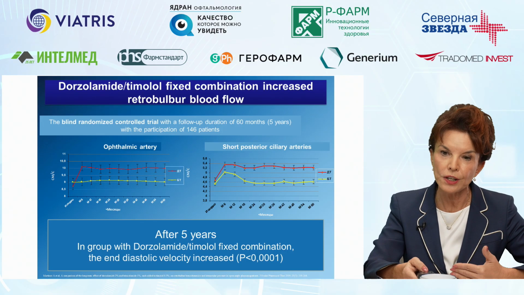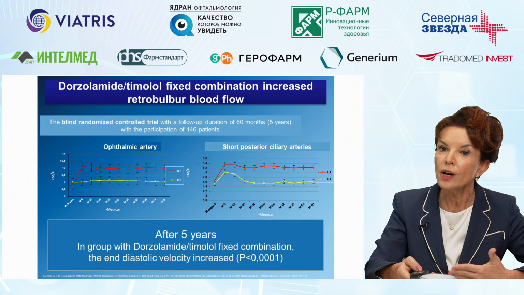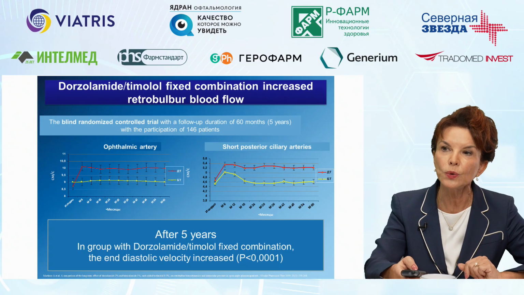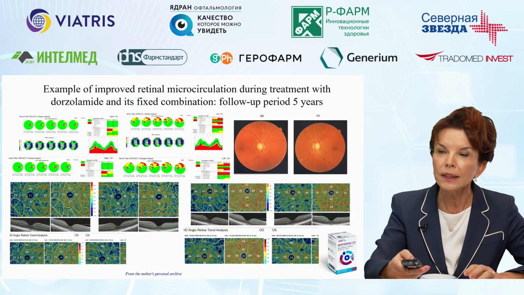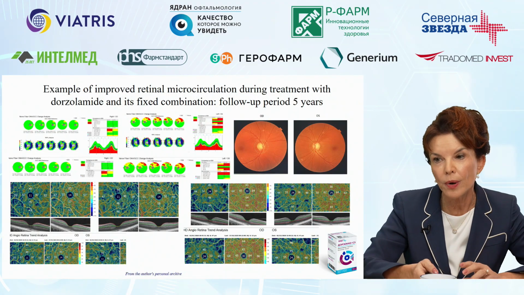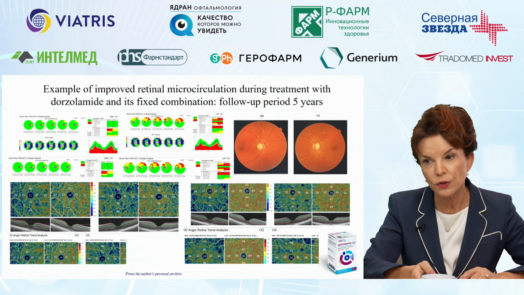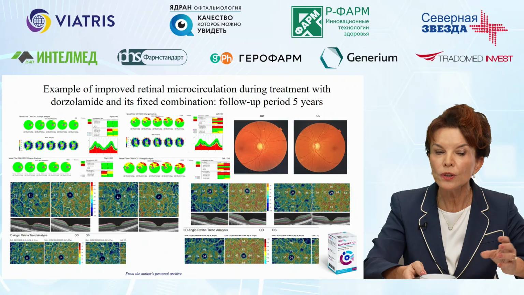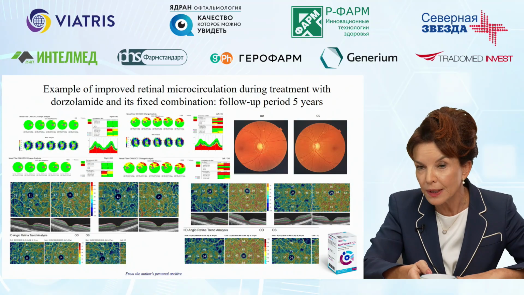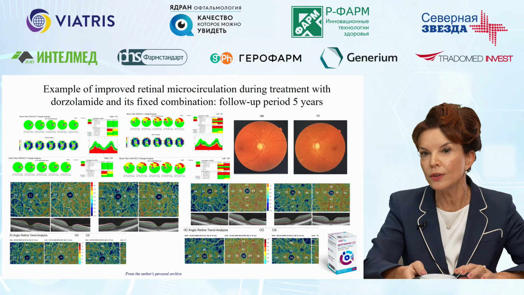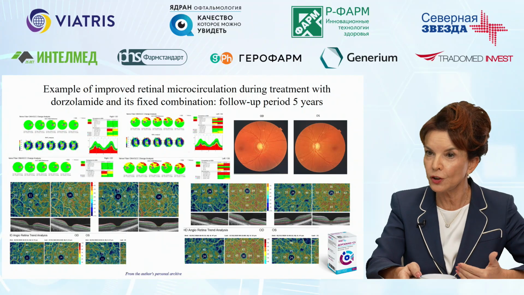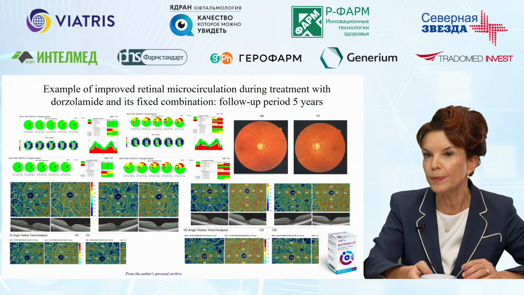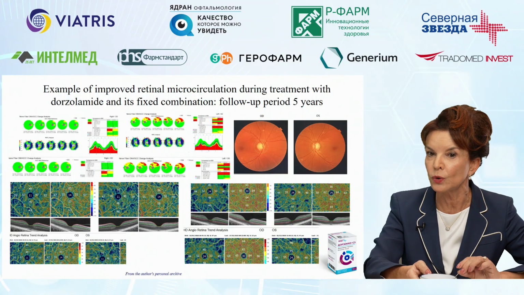of dorzolamide with timolol. And in this case, there will be the improvement of the retrobulbar blood flow, as was shown. And again, you can see it here, especially when we're talking about short posterior ciliary arteries. I would like to draw attention to the fixed combination of dorzolamide and timolol produced by Severnaya Zvezda, and in this clinical example, you can see the favorable course of glaucoma with the long follow-up period up to 5 years.